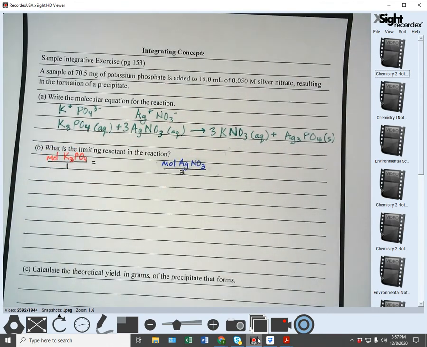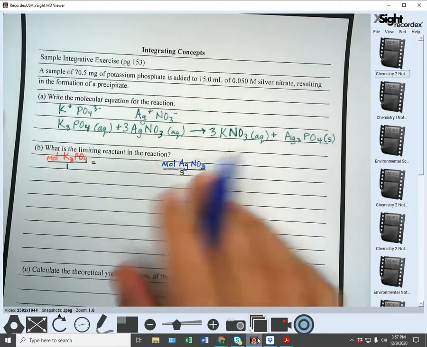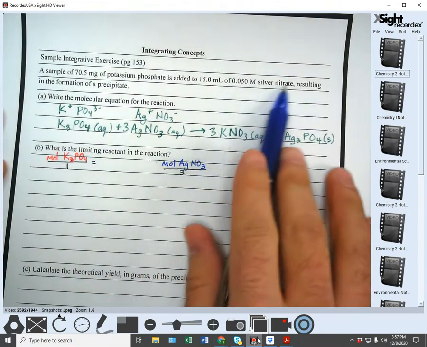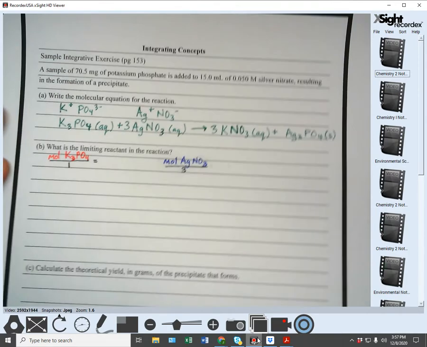Okay, moles of K3PO4 over the coefficient. Okay, so now that I've got those color-coded, I'm going to get the moles of AgNO3 by using this, the same way that I did it on the last example.